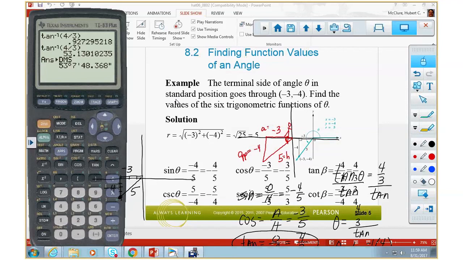So 53 degrees, 7 minutes, 48 seconds. Now what are you going to add that to? Look at your picture. 180. So take 180 and add that to it. What do you get?